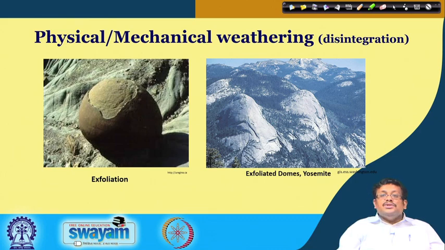And the second picture shows the exfoliated domes in Yosemite mountains of Sierra Nevada, which is situated in California state of USA. If you go there, you will see this type of exfoliation occurs, I mean due to the temperature mediated mechanical weathering.